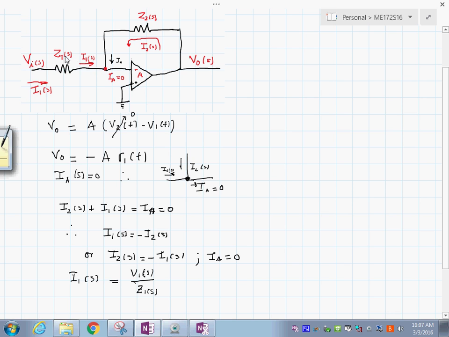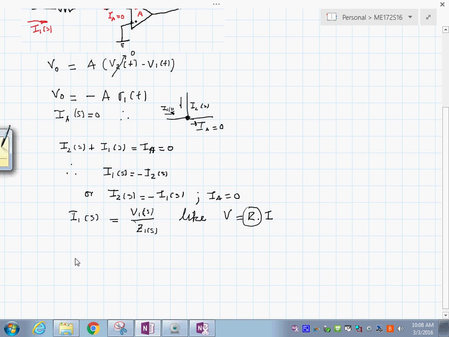So if this is the case, isn't it true that, based on this equation right here, if we say that I1 of S is equal to minus I sub 2 of S, this would be equal to V0 of S minus V0 of S divided by Z2, right?